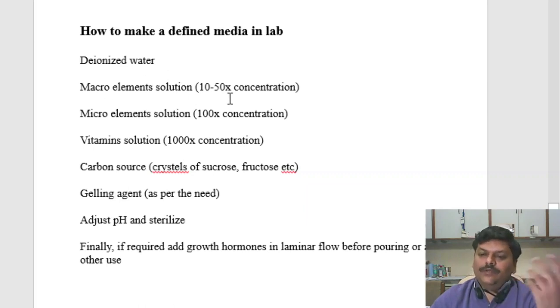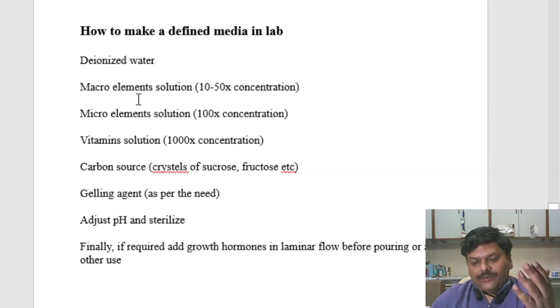Normally we first add macroelements from a stock which is made at 10 to 50 times concentration, then microelements, vitamins. So basically we add all these things in a sequential manner, and after that we adjust the pH to the required and suggested pH. Most of the cases it is a pH of 5.8, and then we add growth hormones.